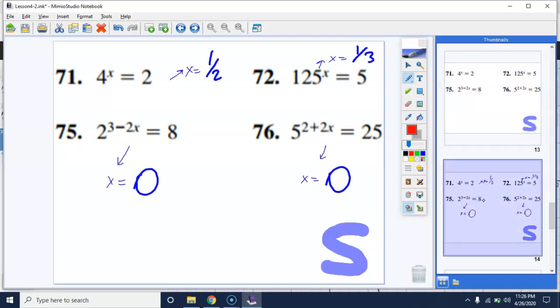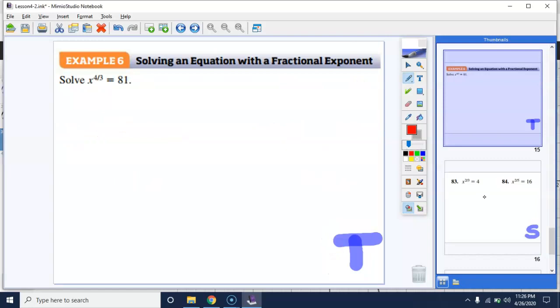All right, and then that's my last example, and I'm going to finish this lesson. x to the power 4 over 3 equals 81. I'm looking for x, right? I have to get rid of that exponent, so I need another exponent to get rid of this one.